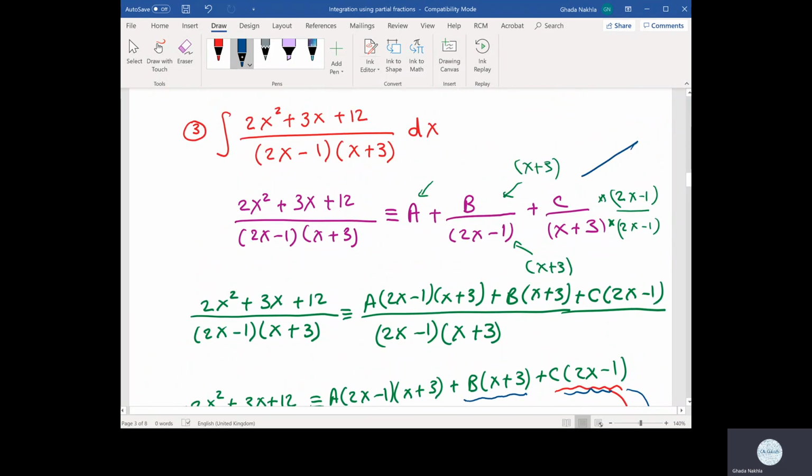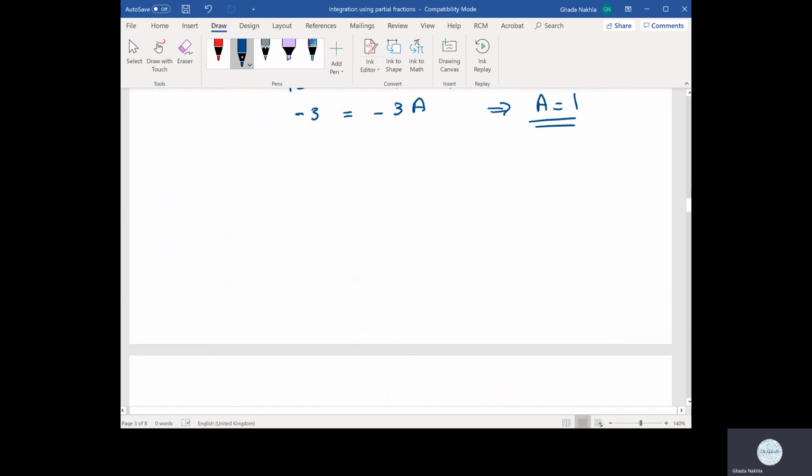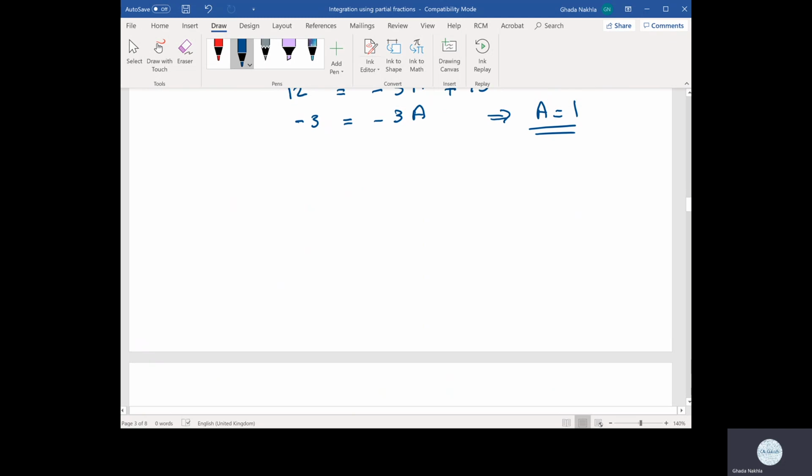I go back here into my original equation, and I'm going to substitute the values of A, B, and C. So let's do that. Let's go down here and let's sub in those values.